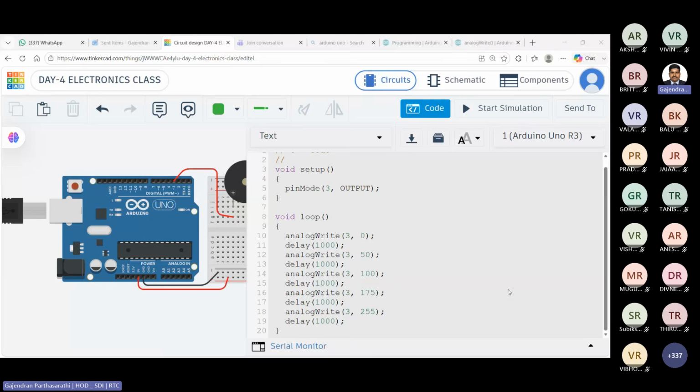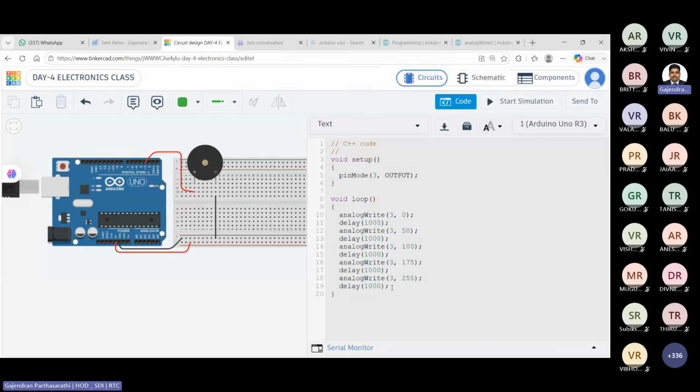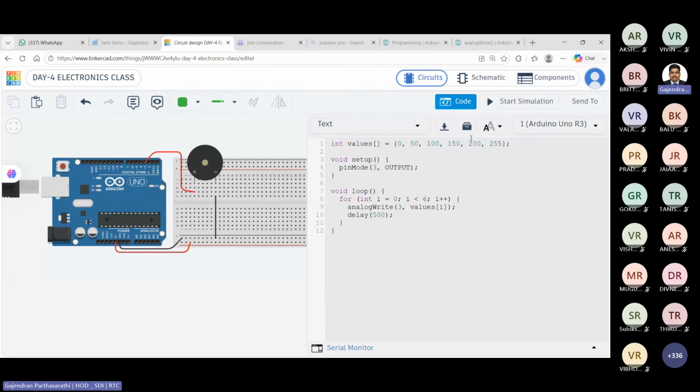Now, your friend Vaishnavi shared one code. I'm going to execute it and show you how it works, and modify it.